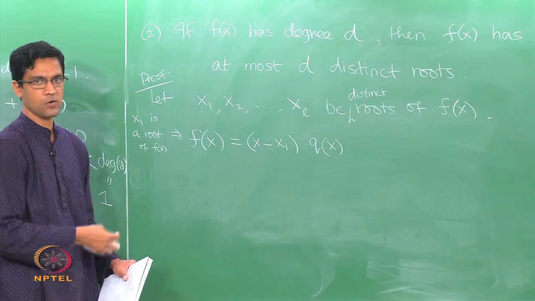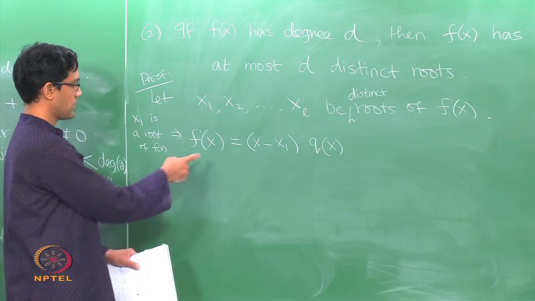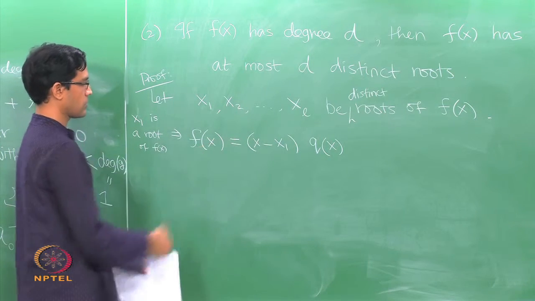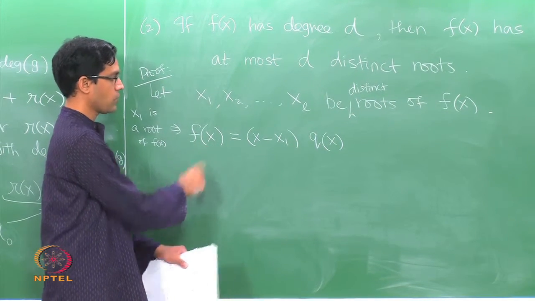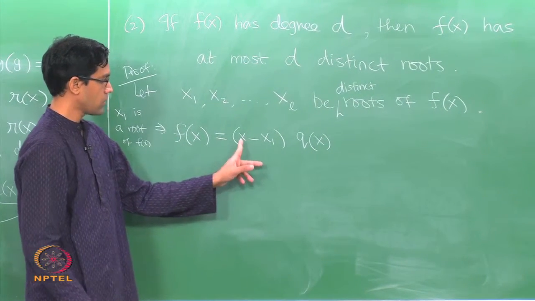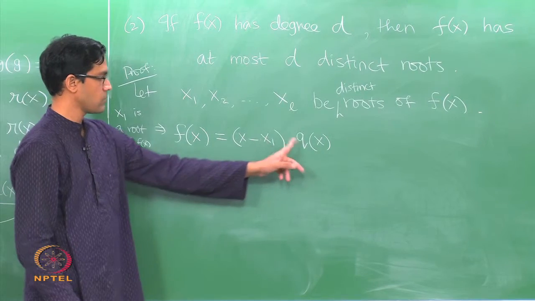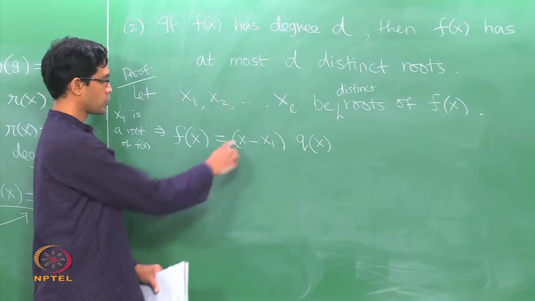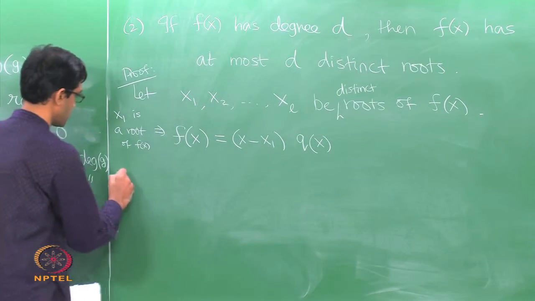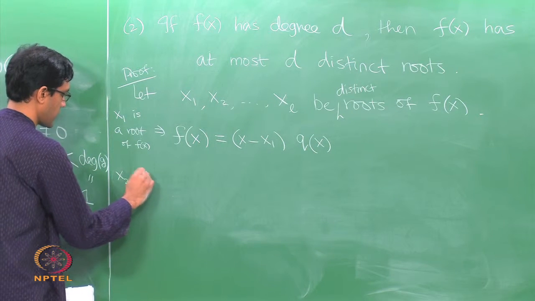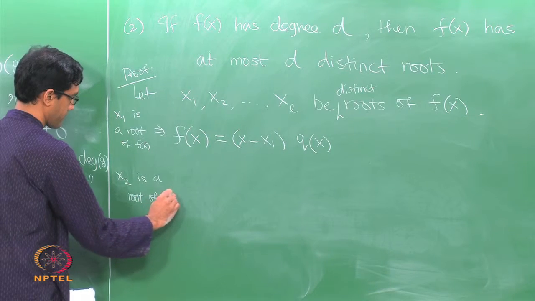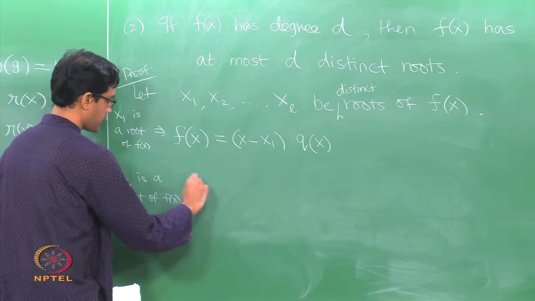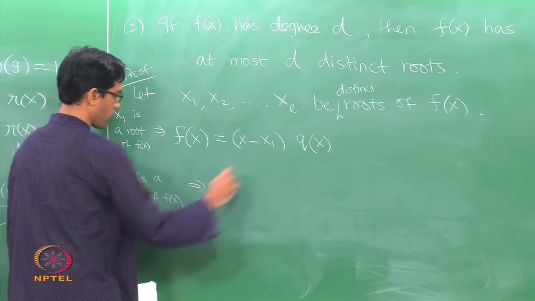So that is what we just concluded. Now let us plug in x2 into this equation. If you plug in x2 for x, then f of x2 is 0, and on the right hand side you will get x2 minus x1 times q of x2, and x2 is not equal to x1. So observe, the second conclusion is the following, since x2 is a root of f of x, it actually implies that it must be a root of q of x as well.